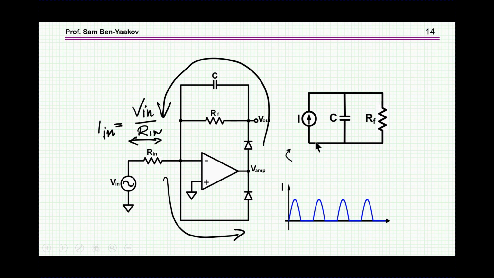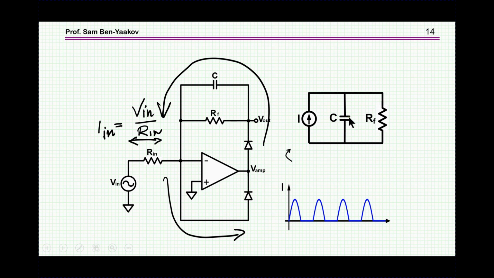So therefore, we have now an RC which is fed by a current source. Now, DC current does not flow through a capacitor in steady state. So the DC current will be flowing through this resistor only, while the capacitor will actually carry only the AC component. The larger the capacitor, the smaller will be the ripple here, and of course, if the ripple is large, there will be some AC also through this resistor, and we'll see some AC here.